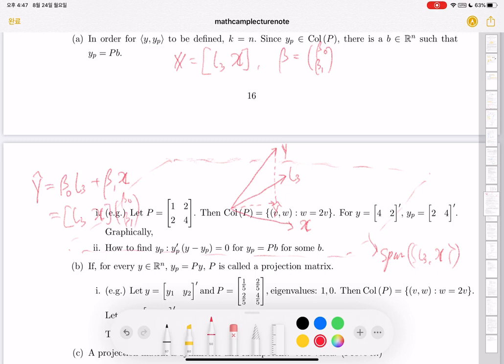Okay, and then let's put hats here. So this is your beta 1 hat x, and this part is your beta 0 hat iota 3. So your y hat is this. So your y hat is X times beta hat. Okay.